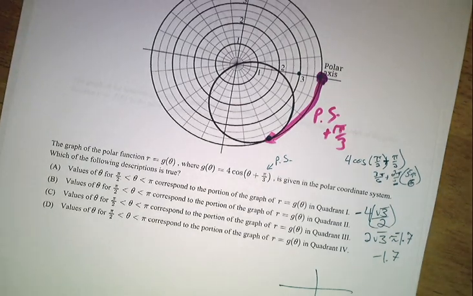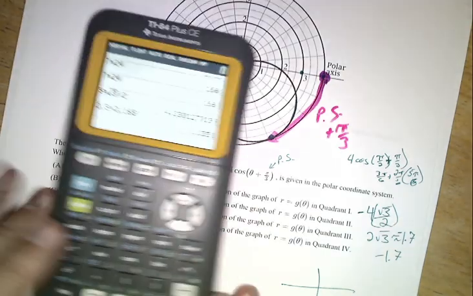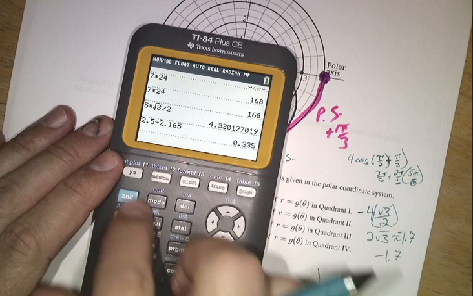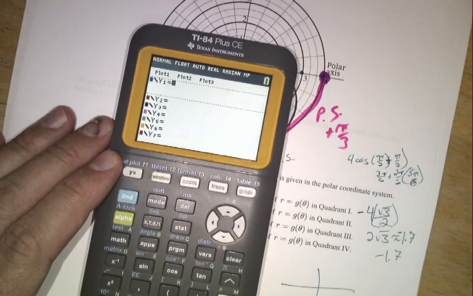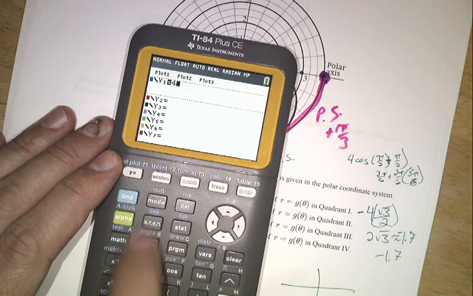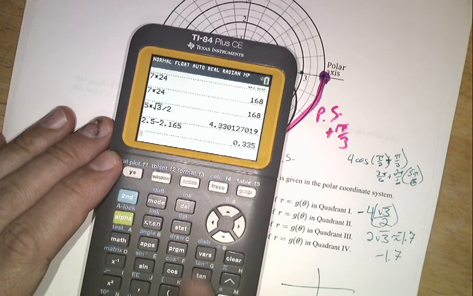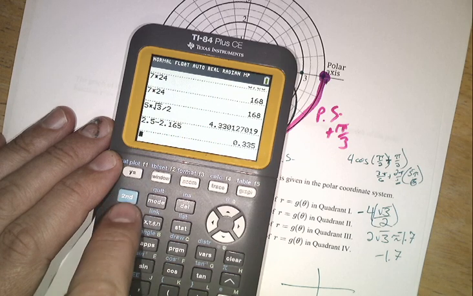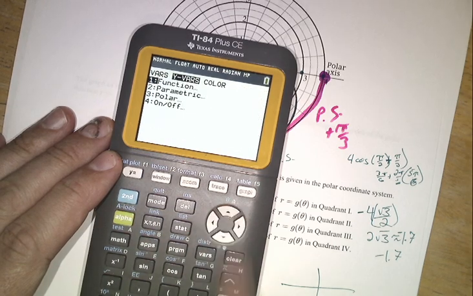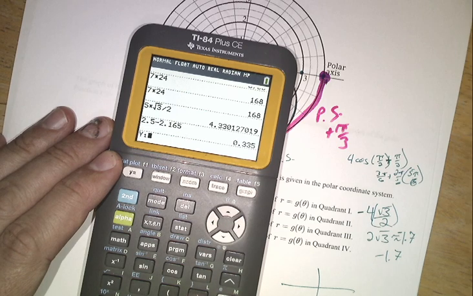Is there something I missed here? Just to make sure I did my math right, for cosine of theta plus secant pi over 3, I should be able to take the Y vars function and plug in pi over 2.